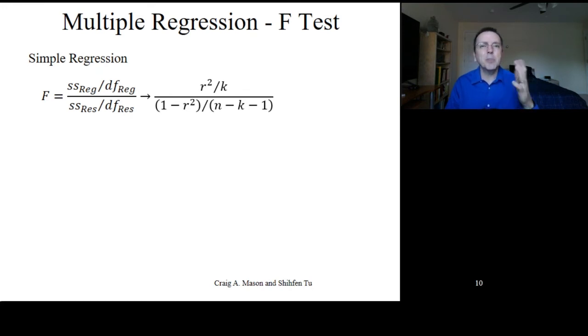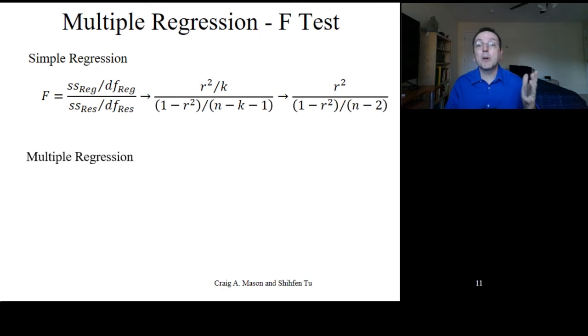And because in simple regression, K, the number of predictor variables, is equal to 1, this reduces to R squared over 1 minus R squared divided by N minus 2.